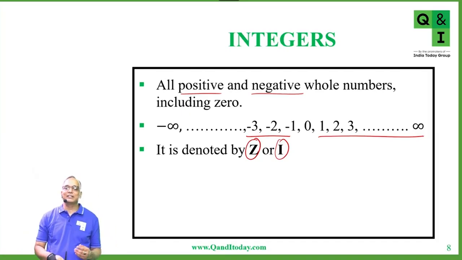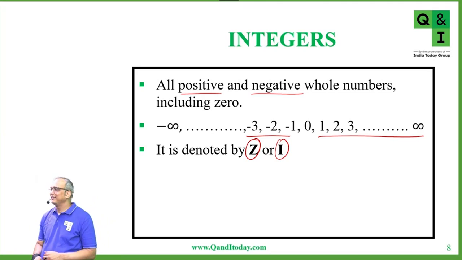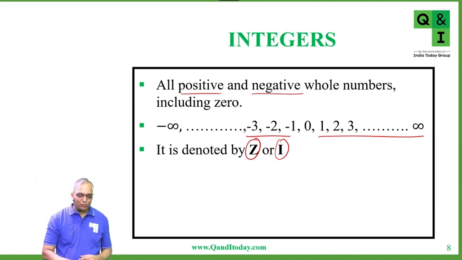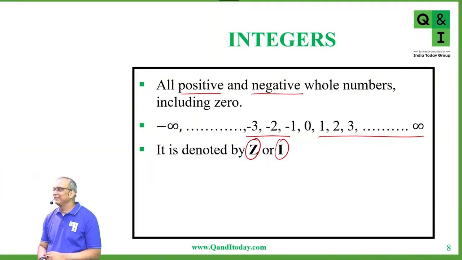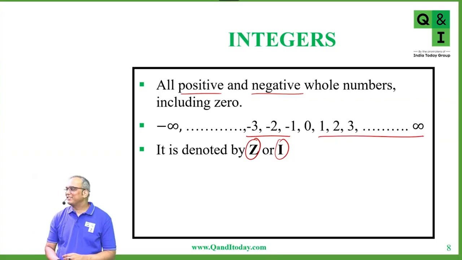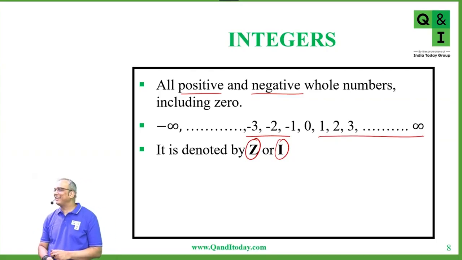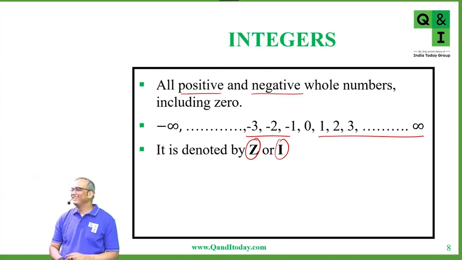Anything? Why only capital Z? Anyone who wants to answer this question? Because it has 0 in it, or Z is the last letter in the alphabet. No, in integers you don't have Z.